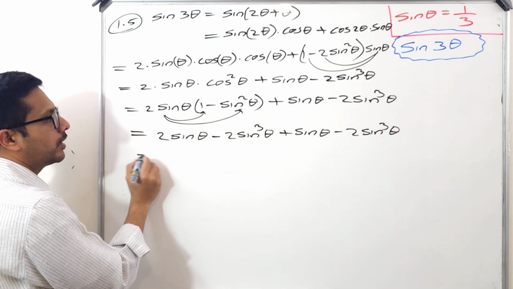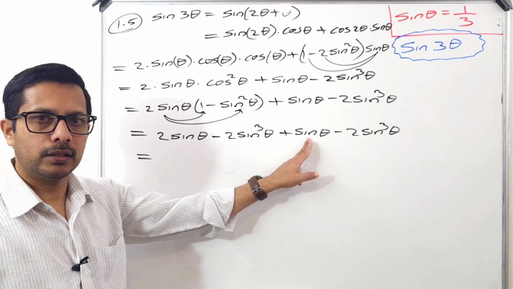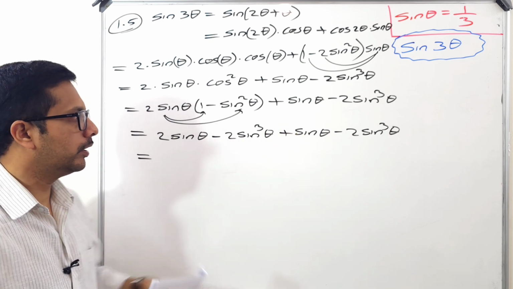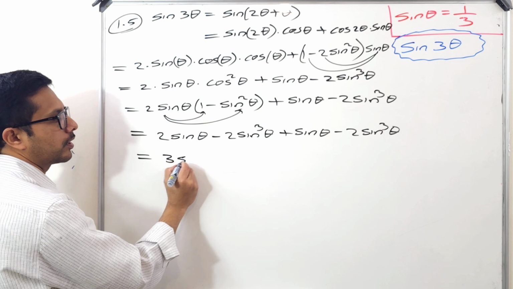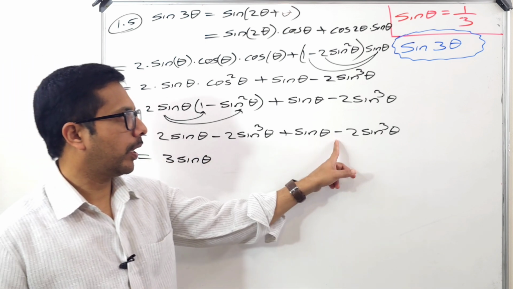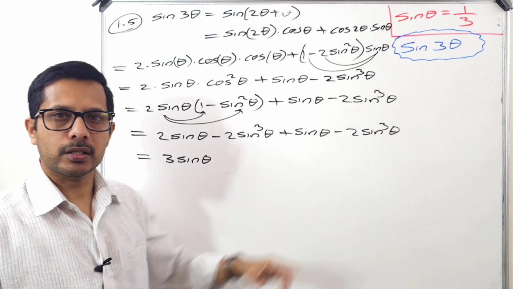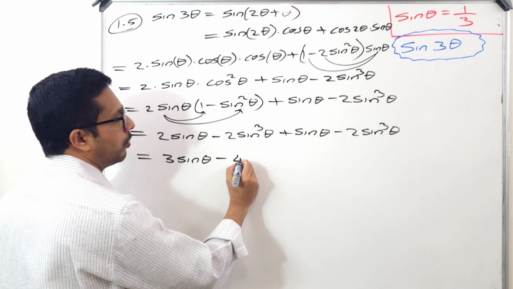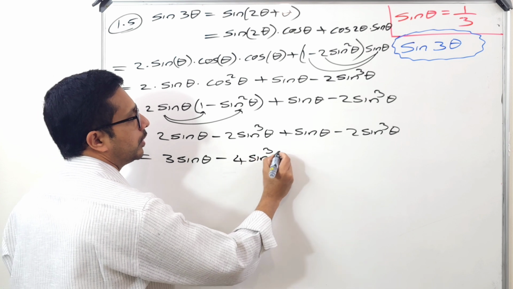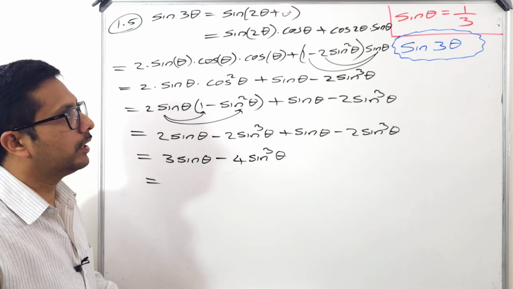So add the like terms: 2 sine theta plus 1 sine theta, 2 plus 1 is 3, so it is 3 sine theta. Minus 2 sine cube theta minus 2 sine cube theta, so minus 2 minus 2 is minus 4, so it is minus 4 sine cube theta. Actually, what is the value of sine theta?